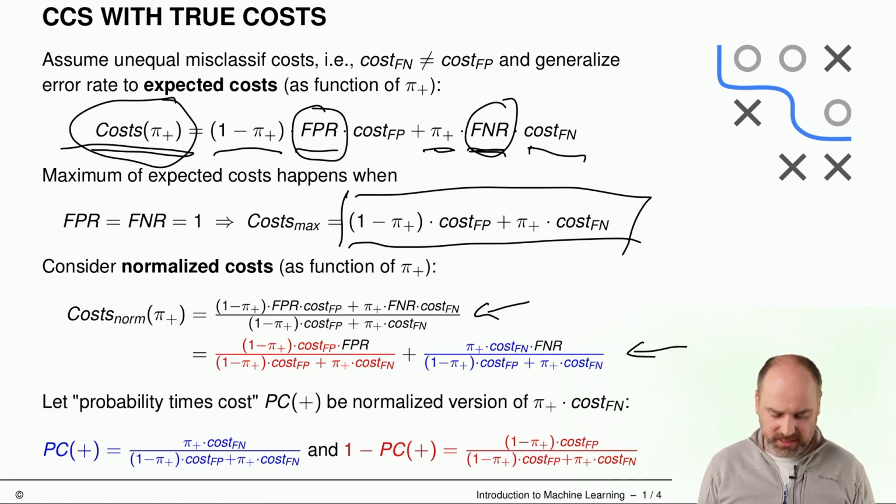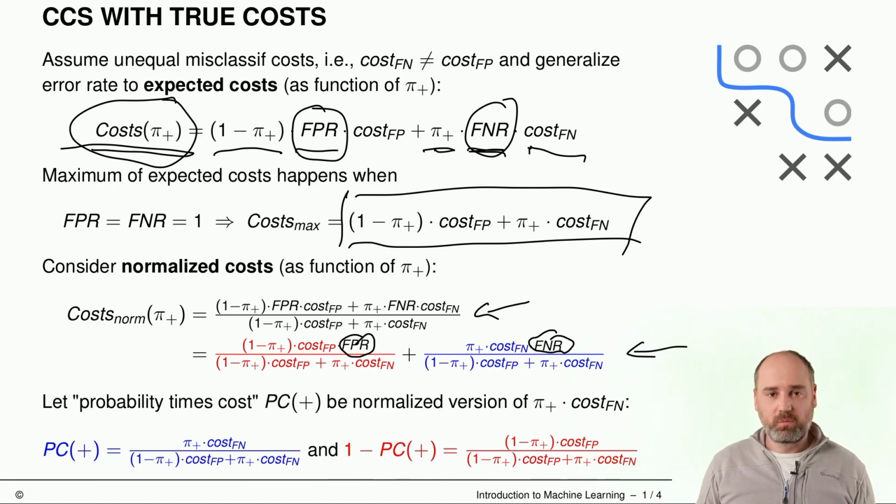It's pretty easy to see that we can distribute this into two parts: one is this blue part and one is this red part. The blue part is a term times the FNR, and the red part is a term times the FPR.